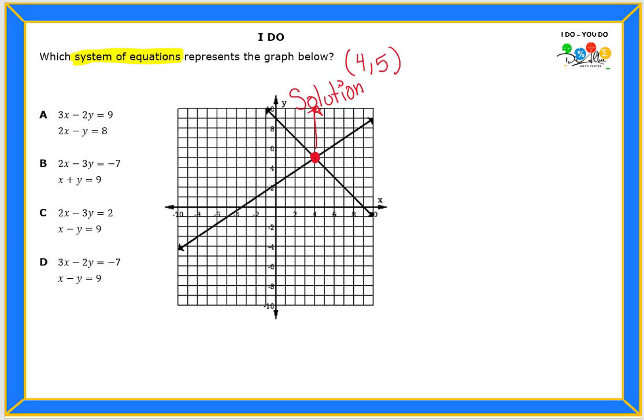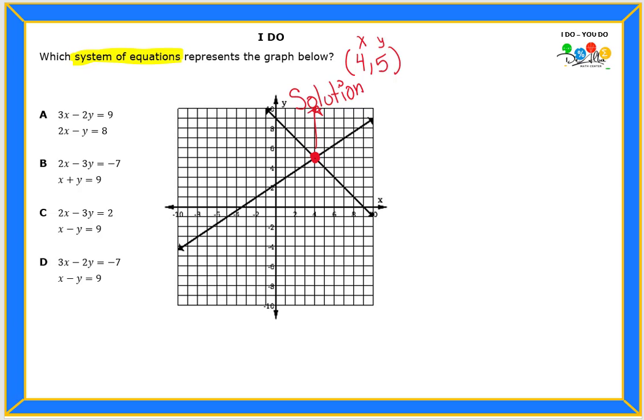It means that (4, 5) is a point that belongs to both of the equations. So one of the things that I can do is go to the answer choices and replace x with a 4 and y with a 5 and see if I get the answers that are on the other side of the equal sign.